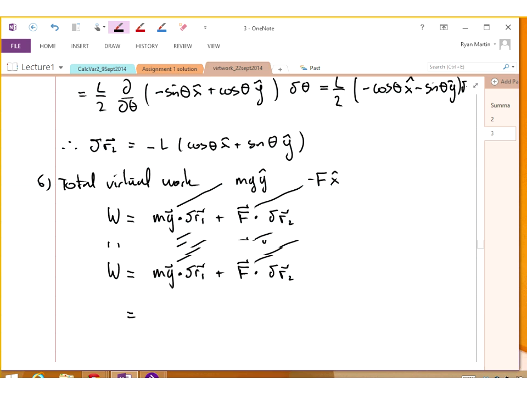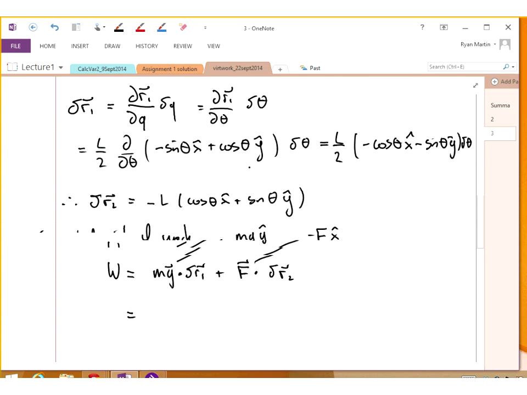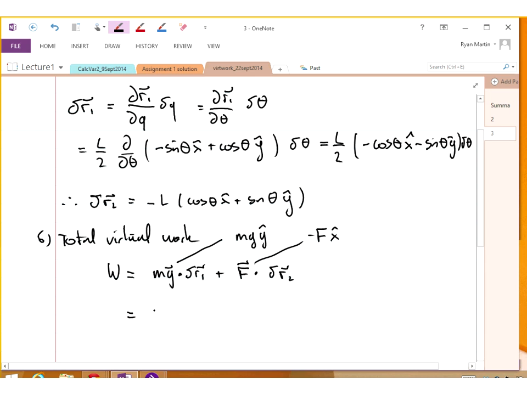So the y component of delta R1 is L cos theta y hat, right? Or sine theta over here. Well, let's just write it out.